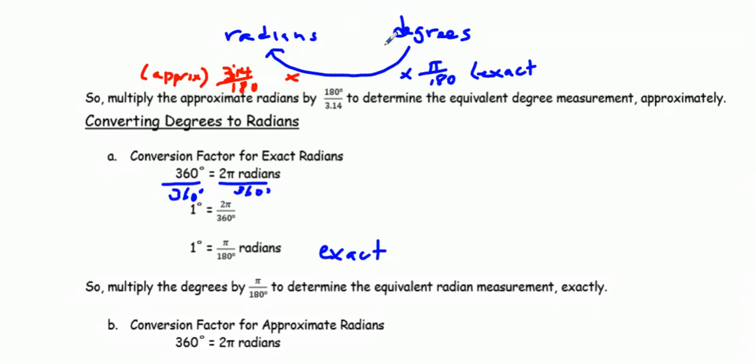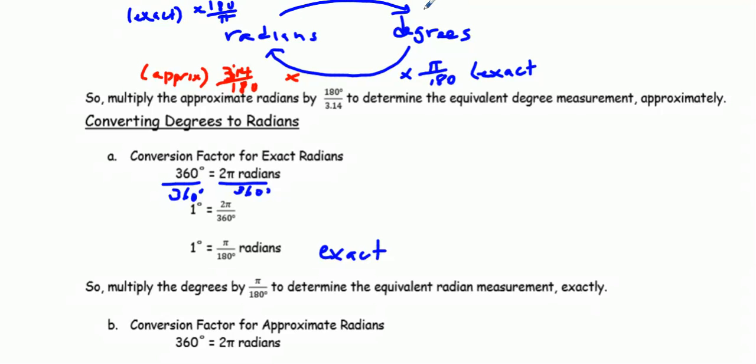If you want to go from radians to degrees, then you're going to multiply by 180 over pi. That's for the exact.